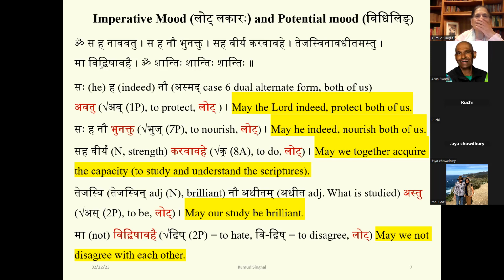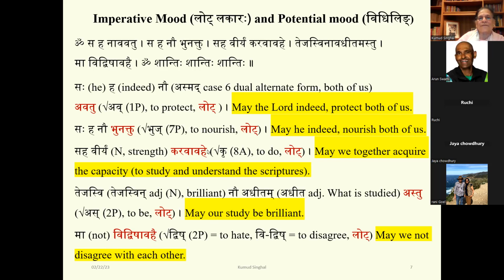This is an error here. Vidvishavahai, is it vahe or vahai? It's vahai. Yeah, vahai. We'll see the conjugation whether it is. But this must be so. Yeah, it's correct, because this is an atmanepada form and this is a parasmaipada form.